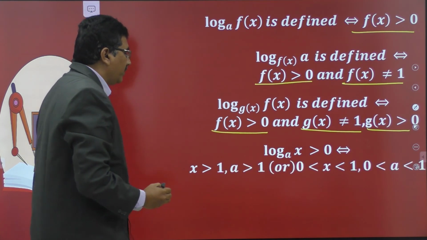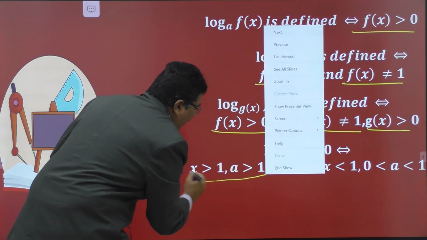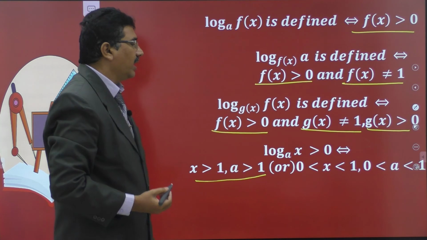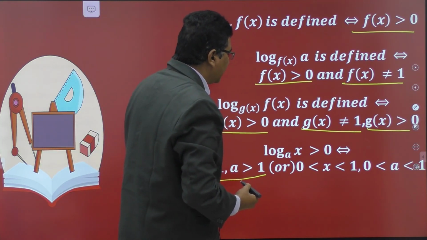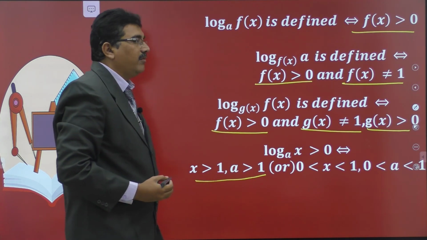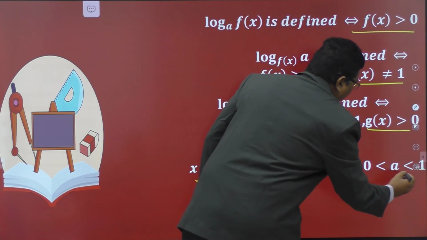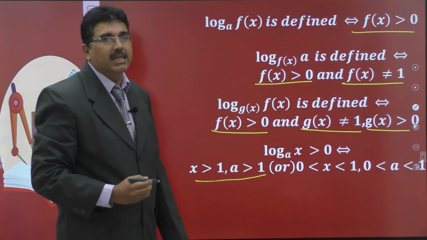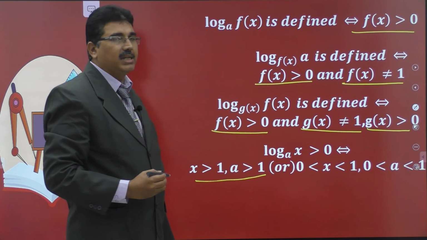Right? If x greater than 1 and a greater than 1, log x base a greater than 0. If x lies between 0 and 1 and a lies between 0 and 1, in this case also log x base a greater than 0.